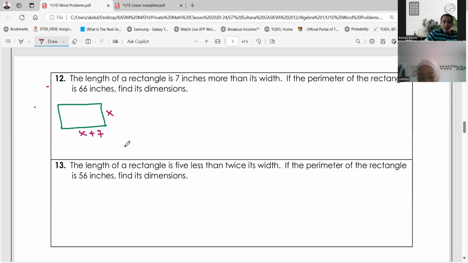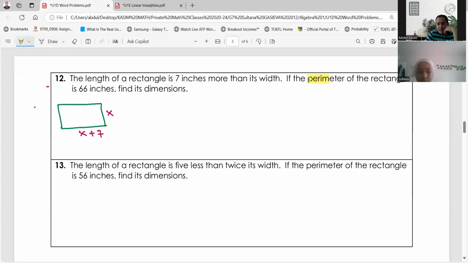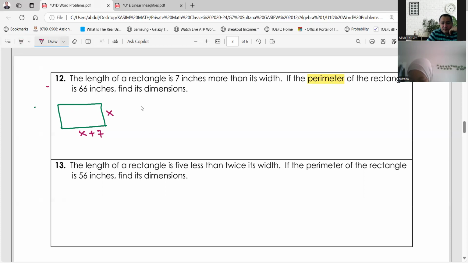And what is given here? The perimeter is given. So we know the perimeter formula; write the formula, then substitute. It is 2L plus 2W. This shows that you know what method you have to use for this problem. Now if you substitute, 2 times the length, x plus 7, plus 2 times the width, x, equals 66, right?